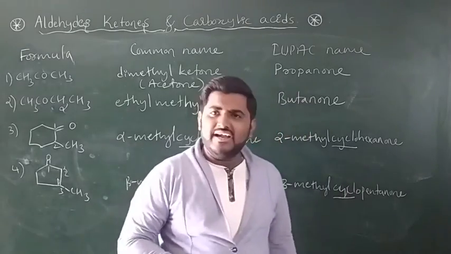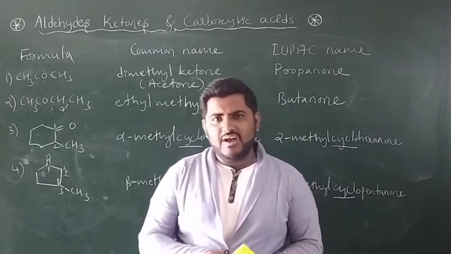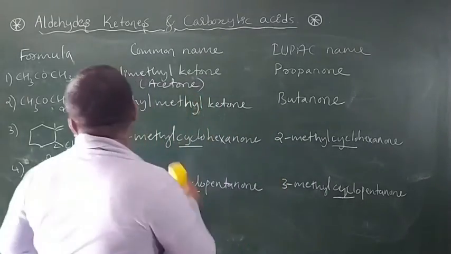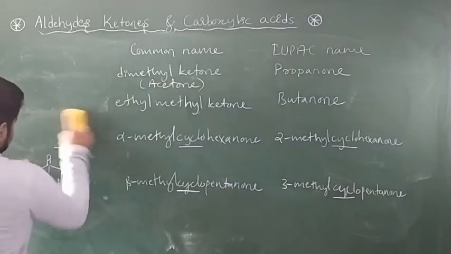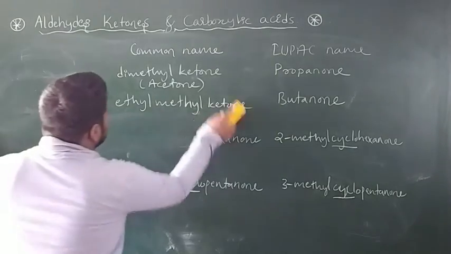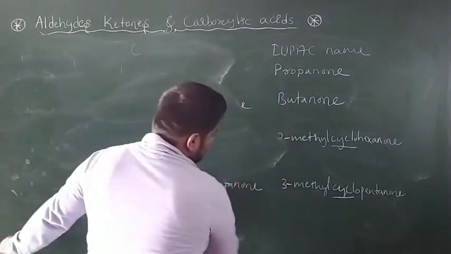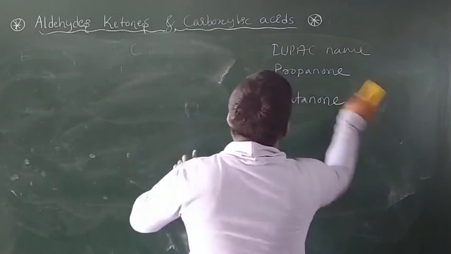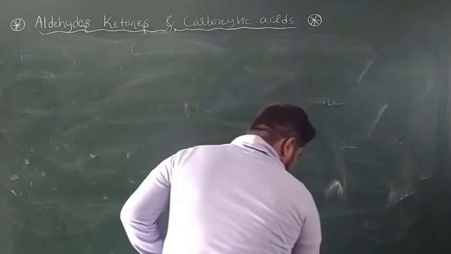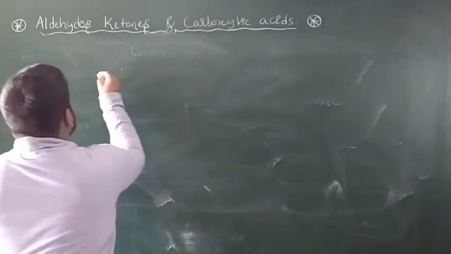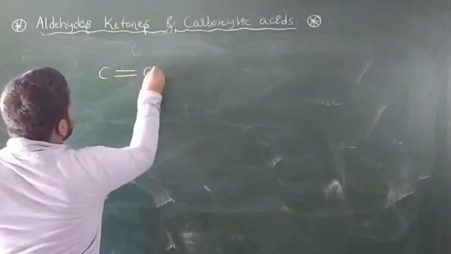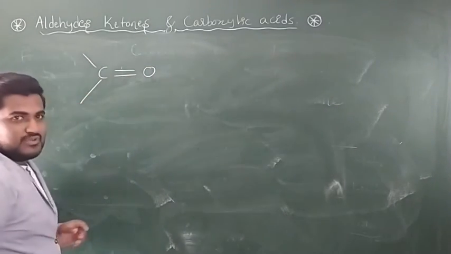So I will tell you a glance regarding the carbonyl group, and I will complete this class here only. So the carbonyl group, you know already, this is our carbonyl group.